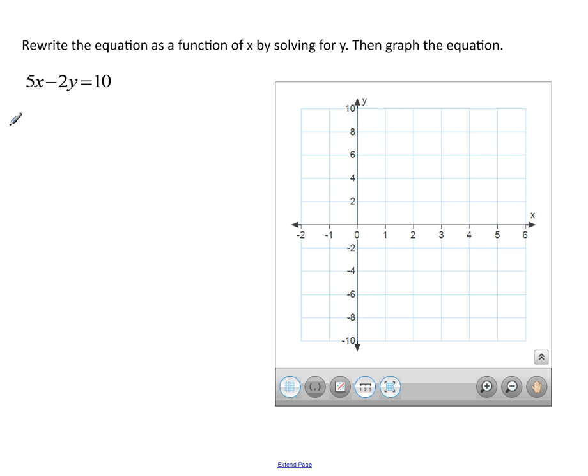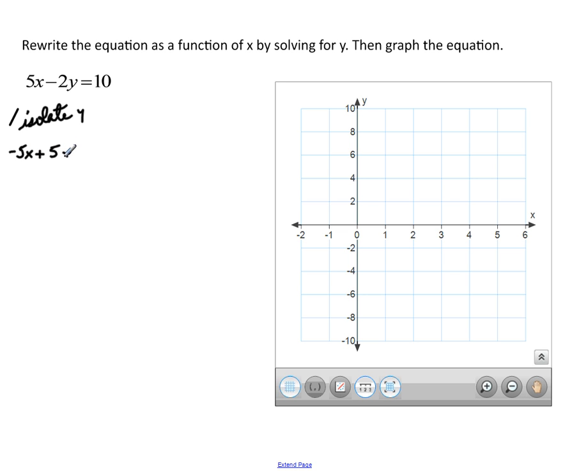So the first task for us is to isolate y. Using a little bit of algebra here, let's see. If we isolate y, here's the way I think about this. I would add negative 5x to both sides of my equation equally.